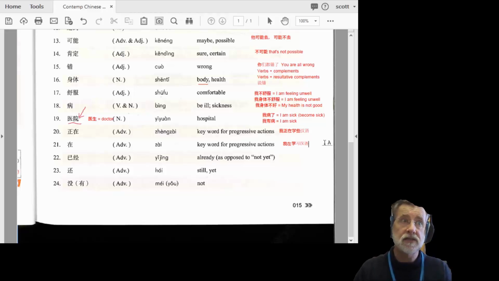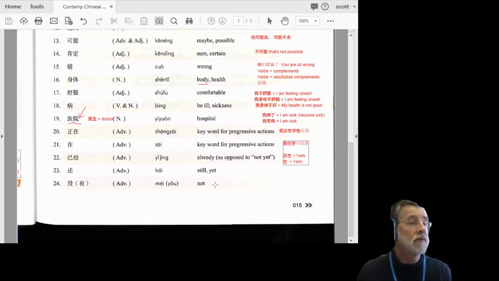So that's less sort of right now and just more in general. So the point here to take away is that it's 正在 plus verb, 我在 plus verb. Anyhow, we'll look at more of that in the grammar to come.